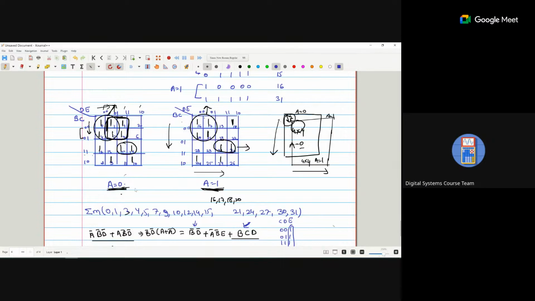So either the value of A is 0 or the value of A is 1. If overlapping is there, eliminate A. Okay, so this is the way to identify the 5 variable case.